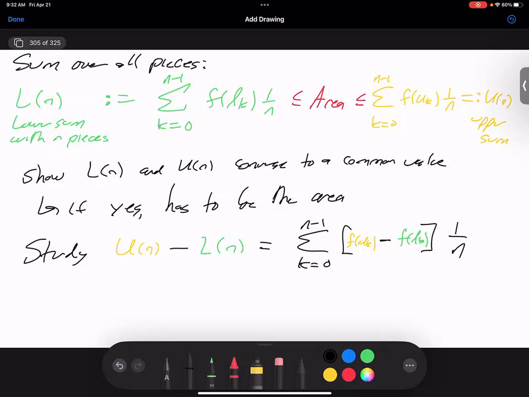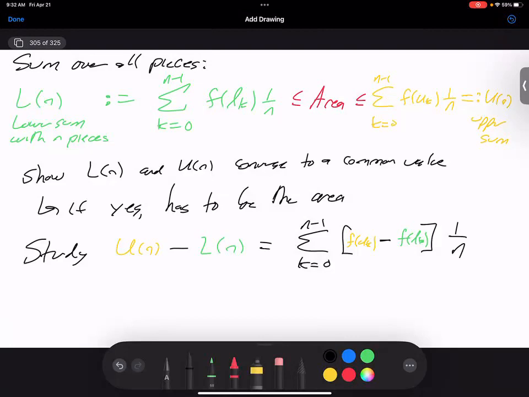We have n terms. So even though we have a 1 over n, which is really small, because we have n terms, a really small number taken a humongous number of times is going to be potentially large. So unfortunately, the fact that 1 over n is going to 0 is balanced by the fact that we have more and more summands.